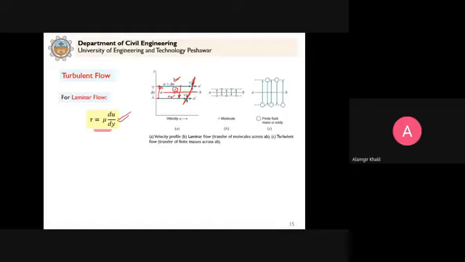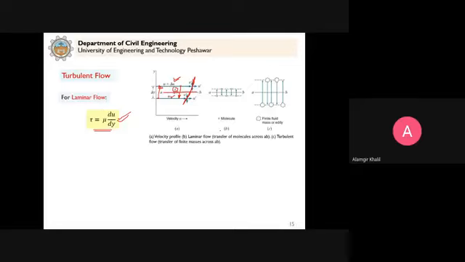But this equation is not applicable in case of turbulent flow. Clear? Because of turbulence. Before we explain how we calculate the shear stress in turbulent flow, we are looking at how the momentum transfer occurs. And because of that, this shear stress is generated between the layers, and we are interested to calculate it.